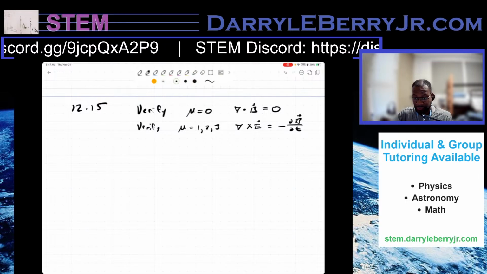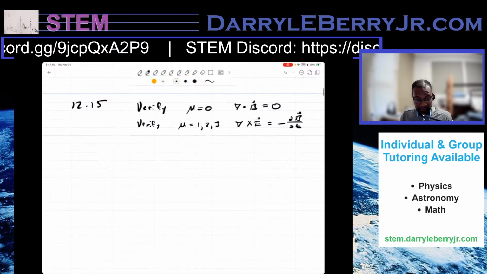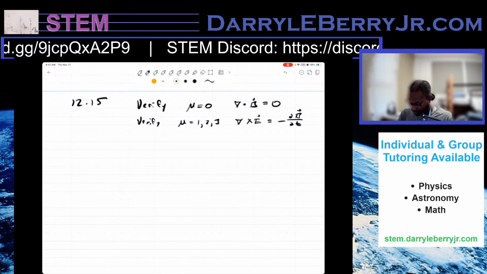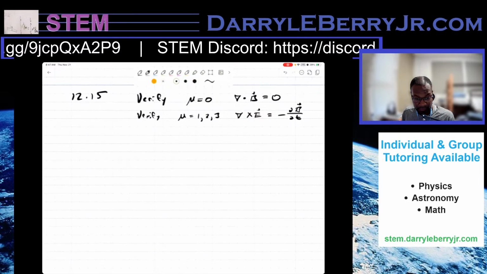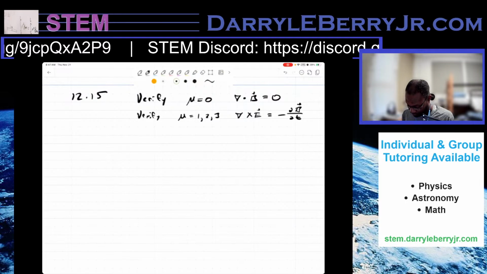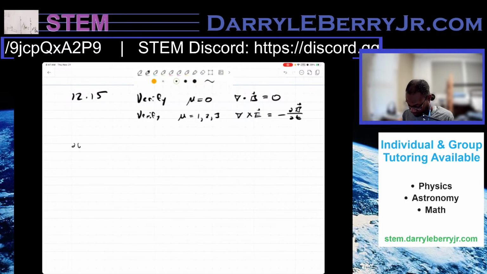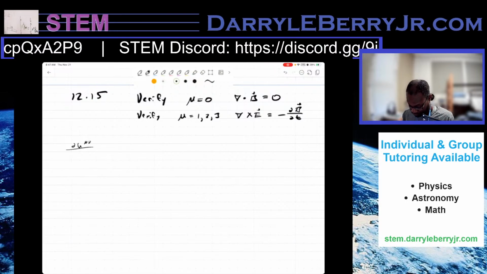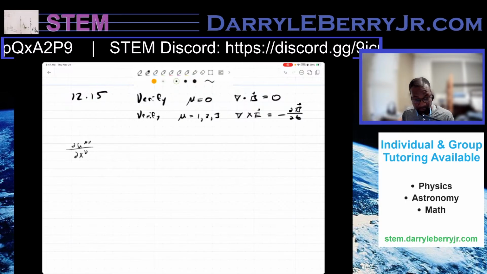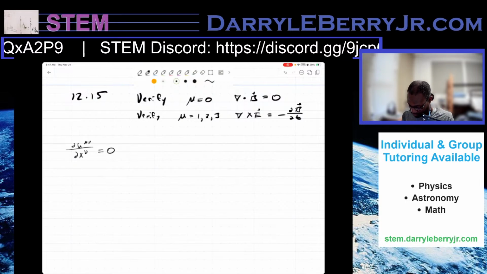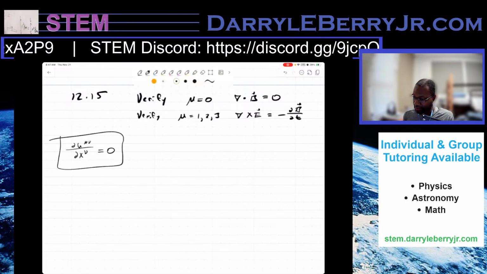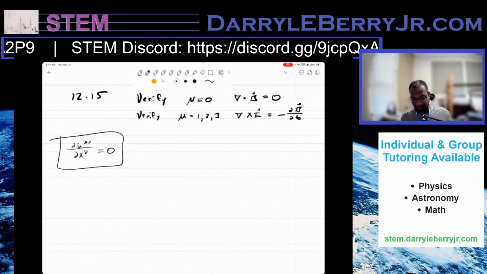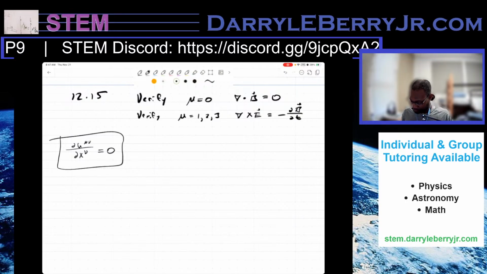And we're to use this, I forget what this is called. So this is one of the forms that we can utilize to get Maxwell's equations in a relativistic framework.